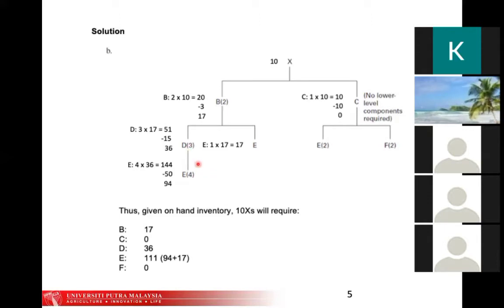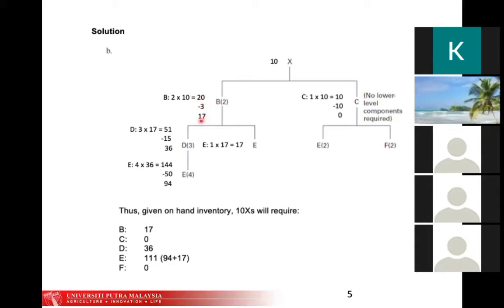So how do we solve this problem? We start from X. From the product structure tree, each X requires 2B. In this question, they need 10X, so we multiply 2 times 10, we get 20. Bear in mind, we have quantity on hand 3, so B is 20 minus 3, we get 17.